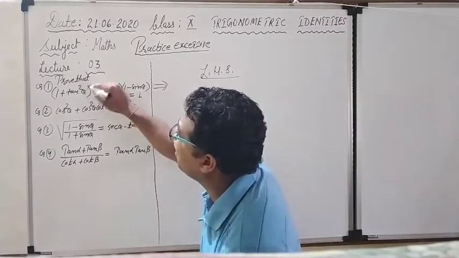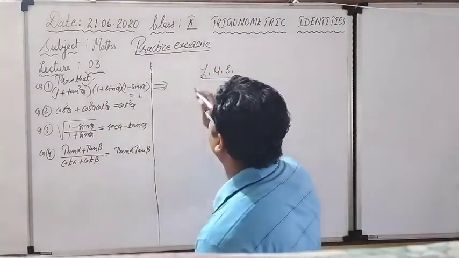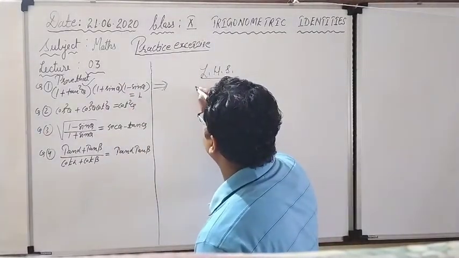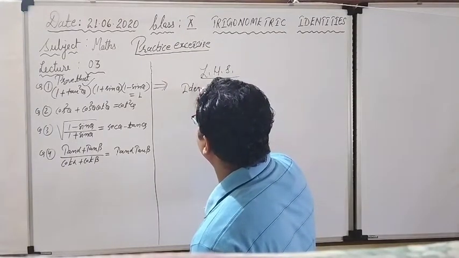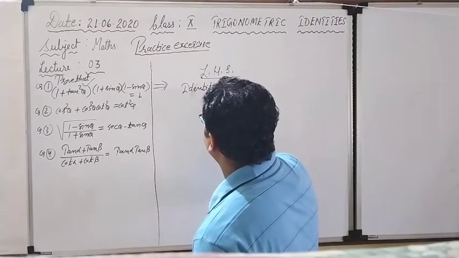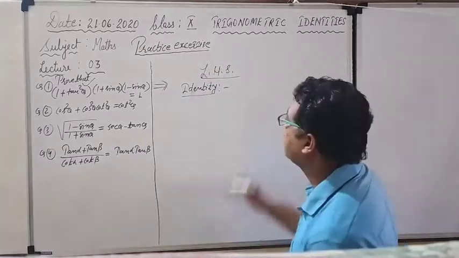We know that we have one formula for 1 plus tan square theta, so we have to write it down with the formula. So what is the formula? Identities. Here you can write down the identity. In one or two questions I will write down these formulas also, and after that directly we will solve.